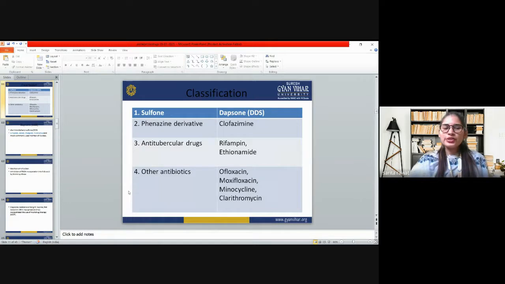Now, the classification of the drugs that are used in leprosy includes sulfones, of which dapsone is one, also known as DDS. The other classes include phenazine derivatives, anti-tubercular drugs, and other antibiotics, including clofazimine, rifampicin, ethionamide, ofloxacin, moxifloxacin, minocycline, and clarithromycin.